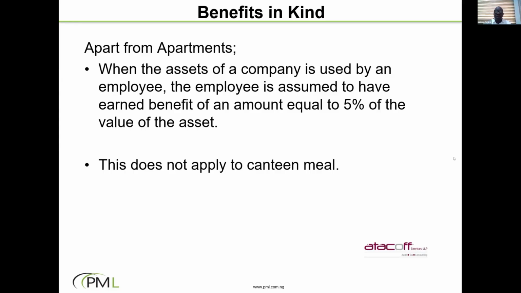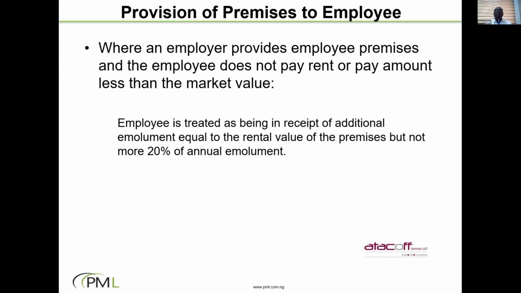A major shift for the taxpayers is this. Where the employer provides premises for the employee and the employee does not pay rent or pays an amount less than the market value, if you give your staff official apartments, residential apartments that they live in, then the employee is being treated as having received additional emoluments.